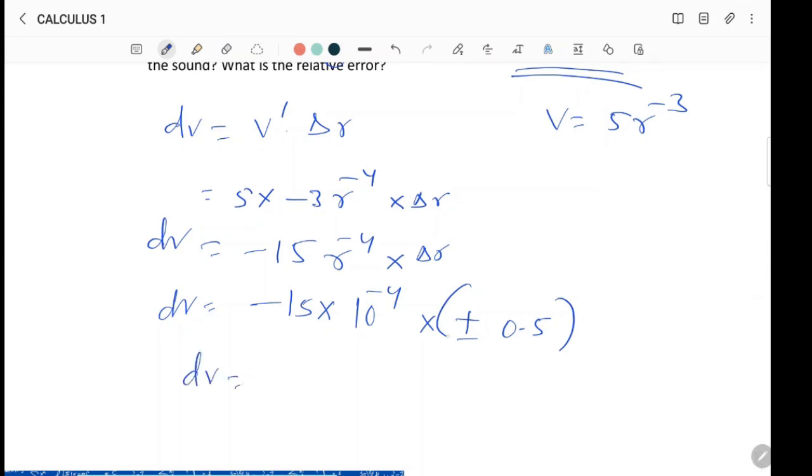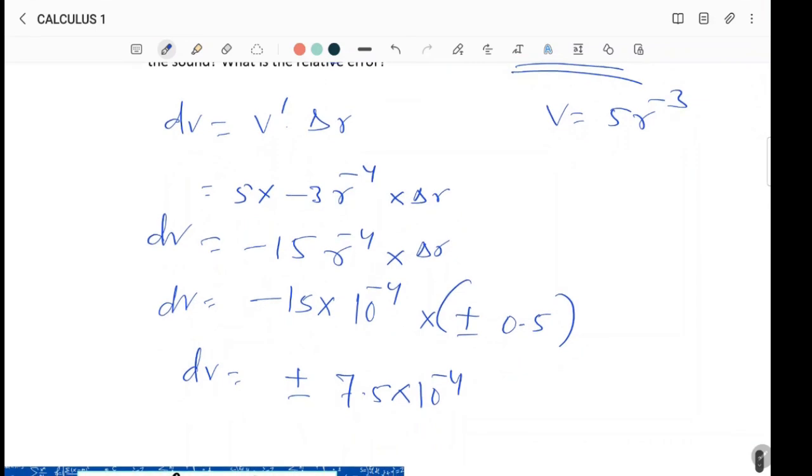So dv we will get in plus and minus form, which is 15 times 10 to the power minus 4 times 0.5, which is plus minus 7.5 times 10 to the power minus 4, right?